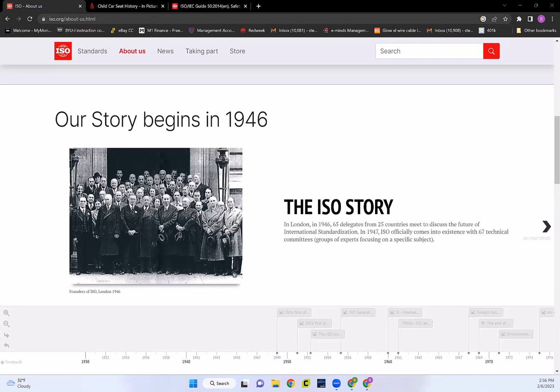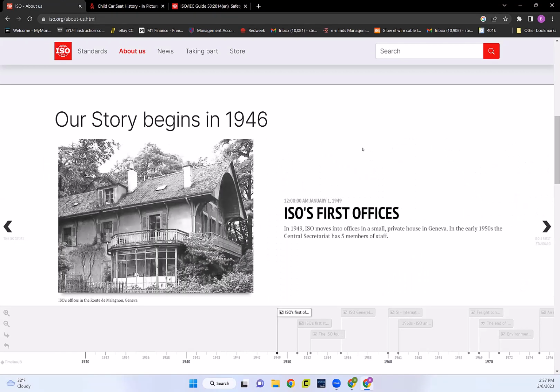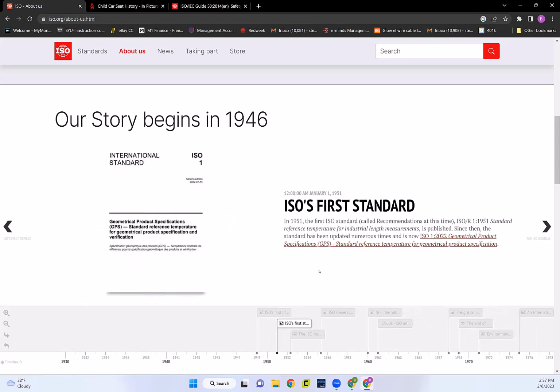That's one of the standardizations they have, talking about container size. They created their first offices in 1949 in Geneva. As people know, Geneva is a pretty big deal when it comes to the Geneva Convention and so forth. They released their first standard in 1951. At that time, it was just a recommendation.